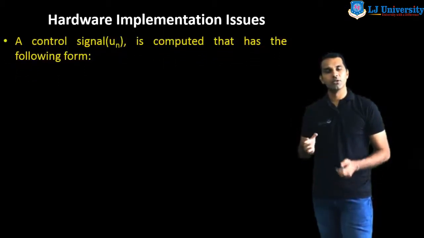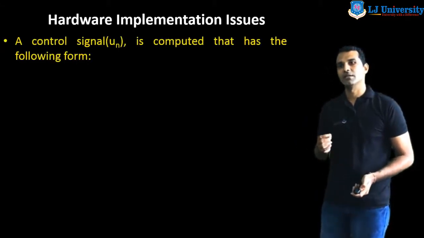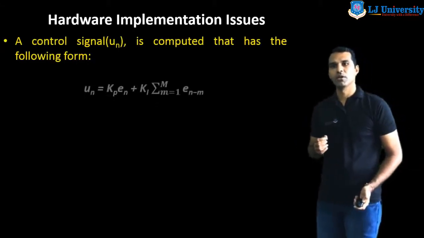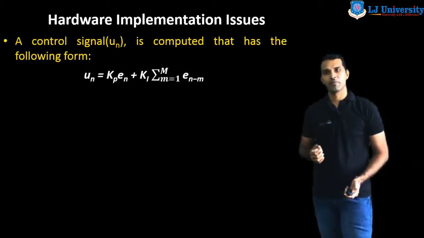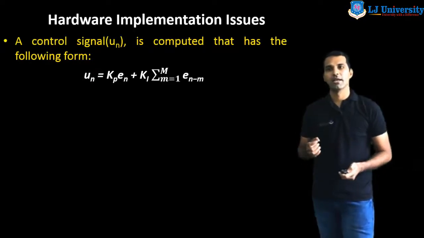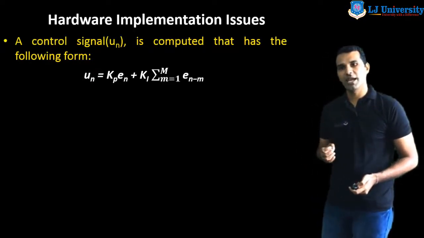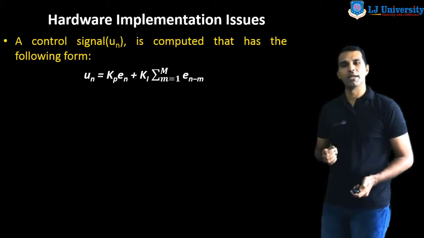Now a control signal Un is computed that has the following form. We can write the control signal in proportional and integral form: Kp En plus Ki sigma m equals 1 to M of En minus m.